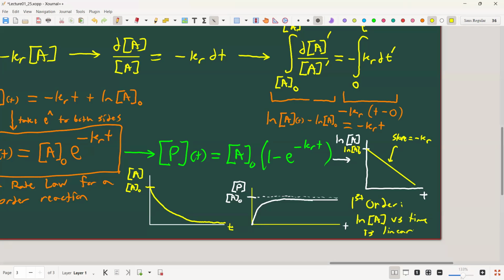When we get to second order reactions, where two molecules come together, you get a different behavior. I get a different graph. So this is how we always identify empirically, or phenomenologically, that we have a first order reaction: the log of the concentration is linear in time. Any questions?